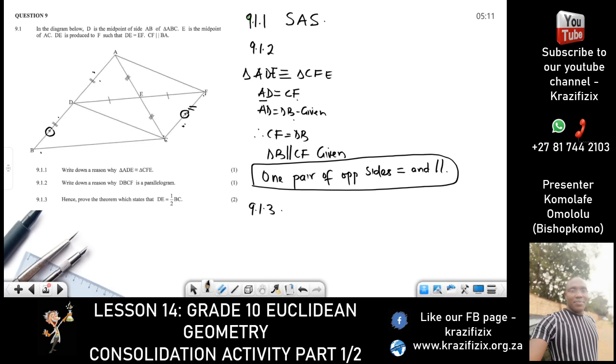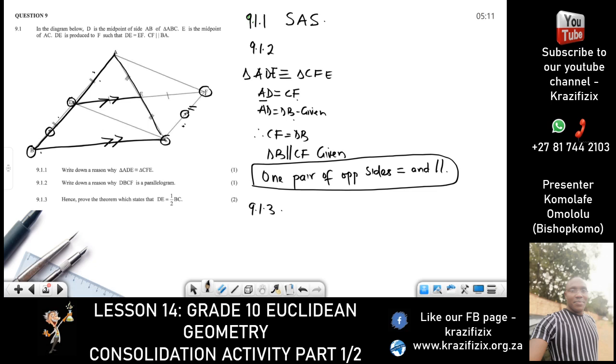9.1.3. Hence, prove the theorem which says that DE is half of BC. I see again that this examiner is bringing in the midpoint theorem. Remember we have already proven that this whole thing, DFBC, is a parallelogram. It means this line is now parallel to that line.